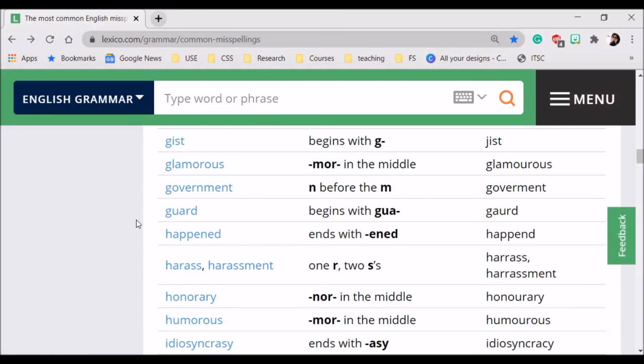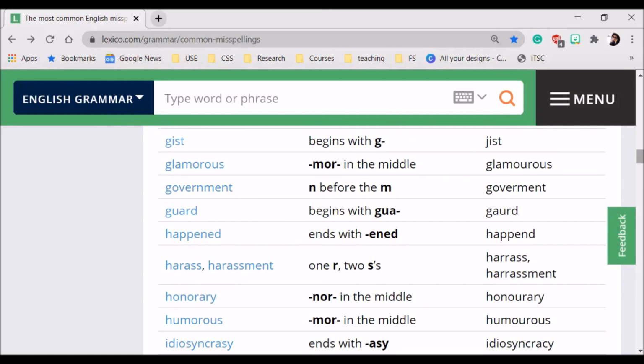Grammar is something I should know the spelling of at least, but I was using ER at the end. So grammar has AR, GRAMMAR. This is a word I came across so many times, but still, things like that happen.